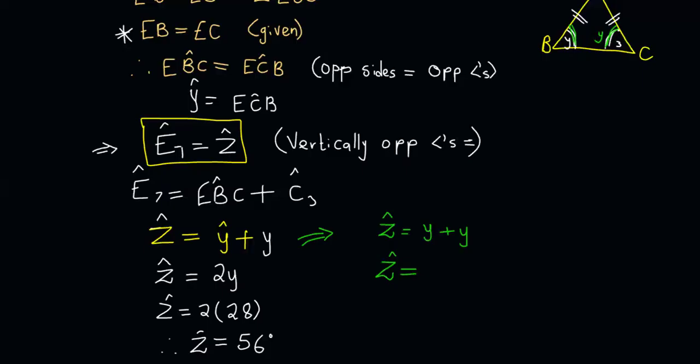Therefore, the size of angle Z, what are you going to get? 28 plus 28 is still 56 degrees. Do you see? There are many ways to kill a cat. So from here, you can also use that concept that I wrote with a green marker there. But it's still one and the same thing because you're still going to get the same answer.